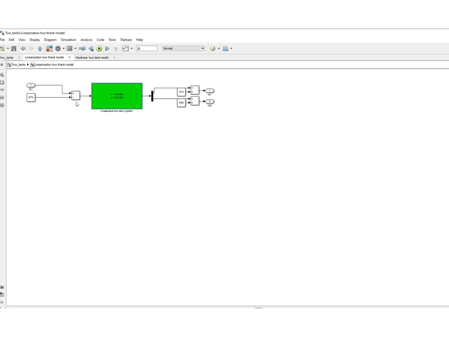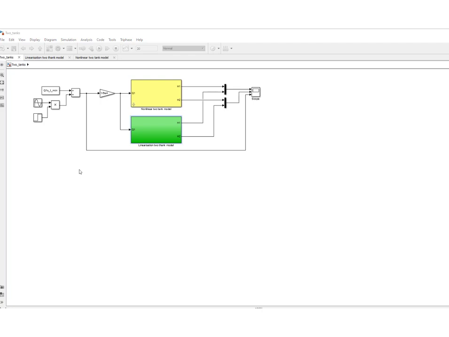So what you have to do is take the input and remove the nominal input, right? And what will be produced at the output is delta H1 and delta H2. So we are of course interested in H1 and H2, so what we have to do is at the end add the nominal heights H1S and H2S.